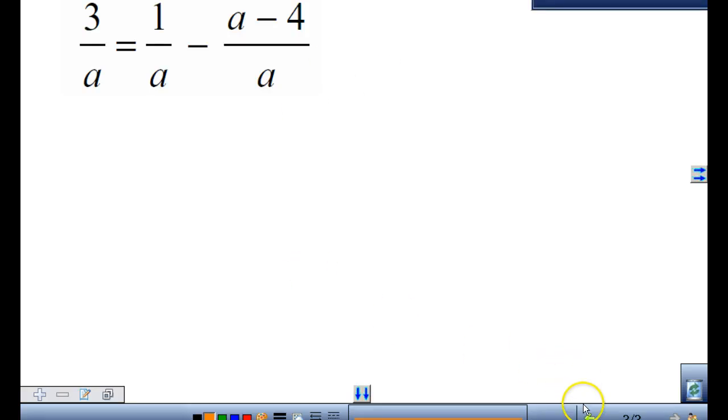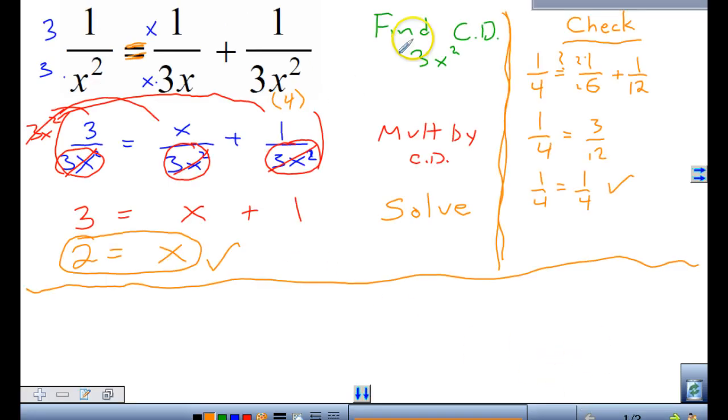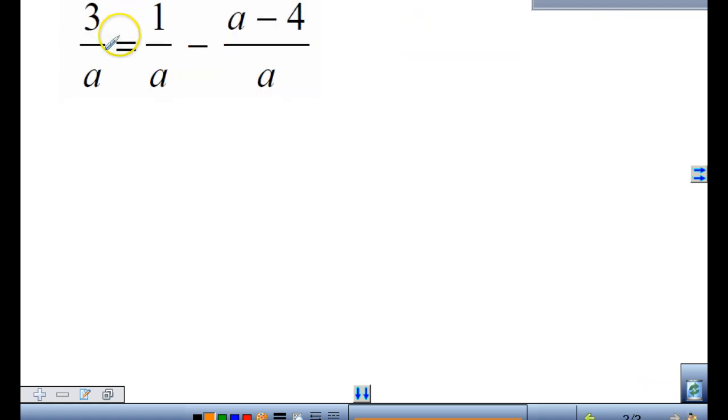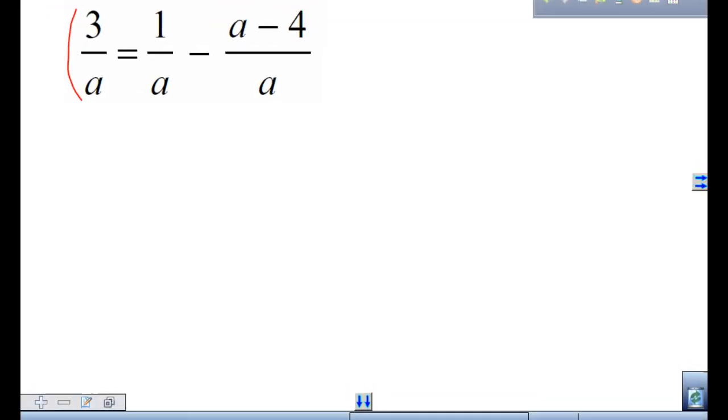So first step, remember, find the common denominator. That's already done, right? It's already the same. So we can go straight to the second step, which is to multiply by that common denominator.